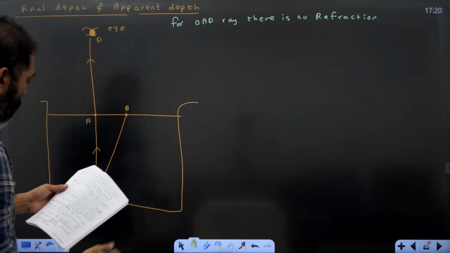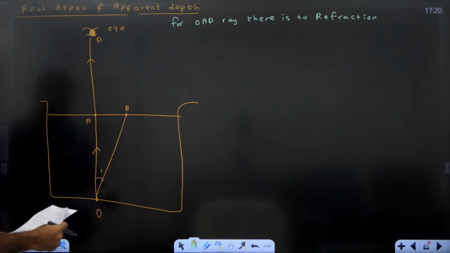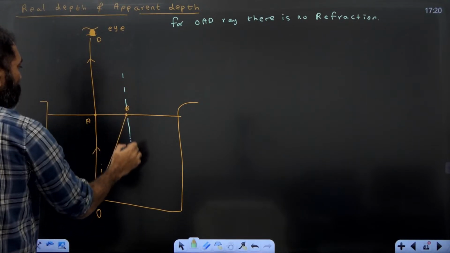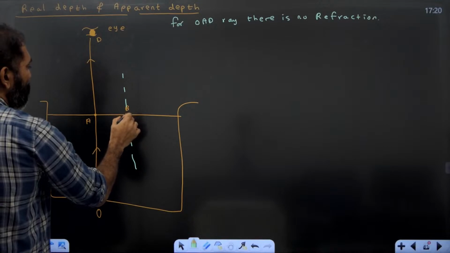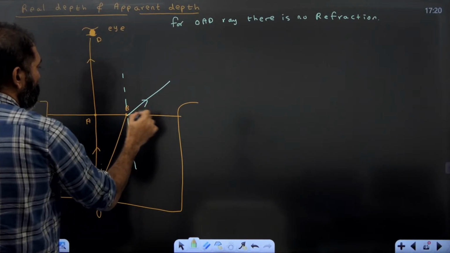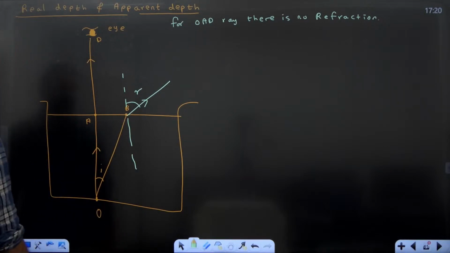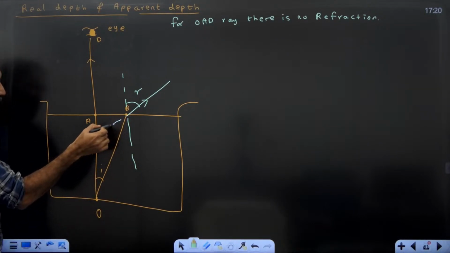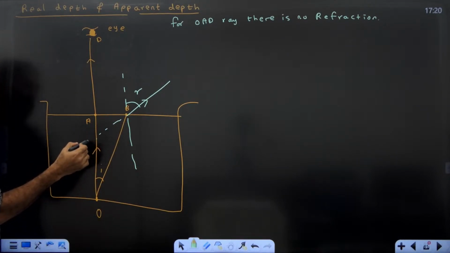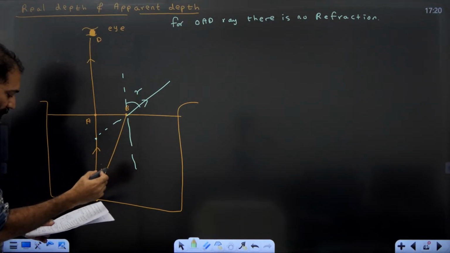Now, let this be the normal. Then at B, there is refraction. Here, this is the angle of refraction, R. When I bend this ray backward, I get another point.